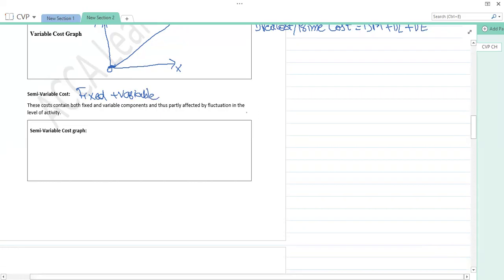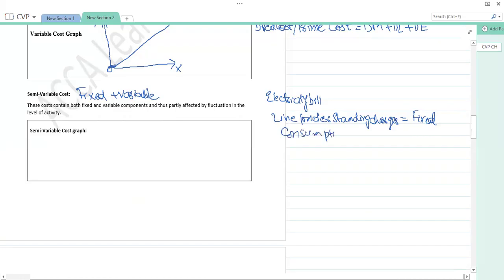If I take the example of the electricity bill, the line rent or the meter rent, meter standing charges, in other words, is fixed. Consumption charges is variable.